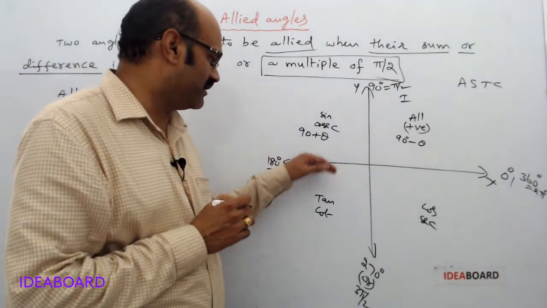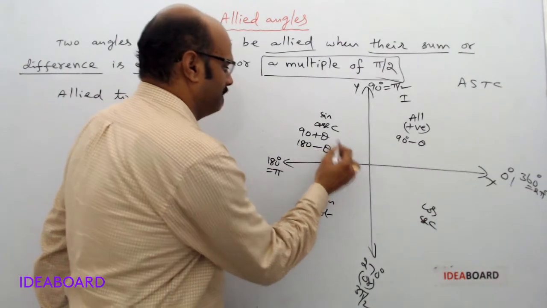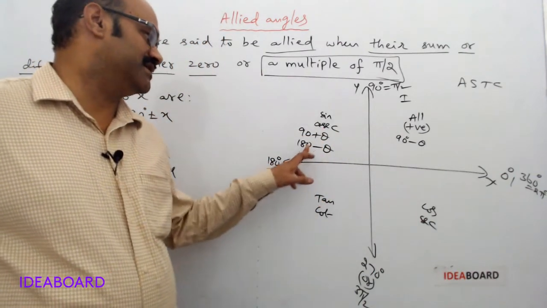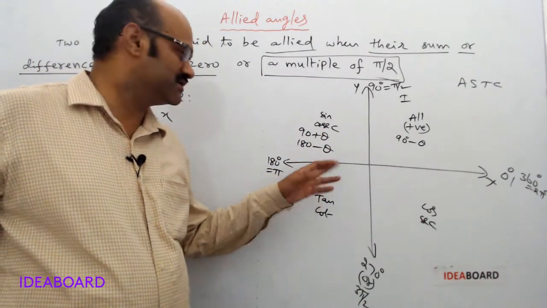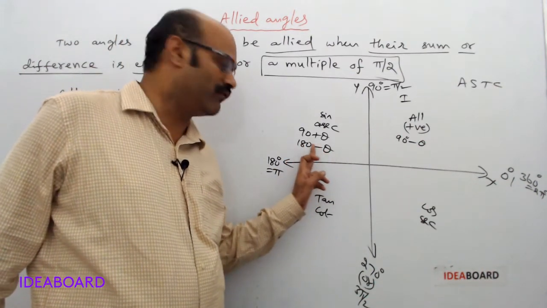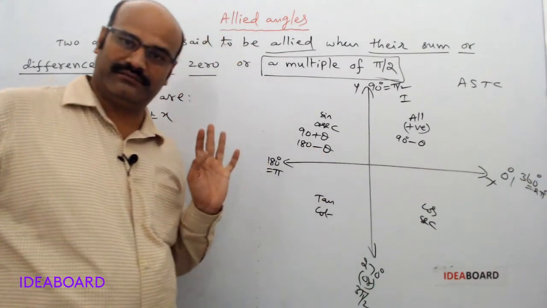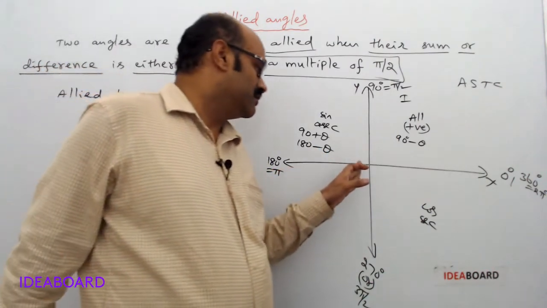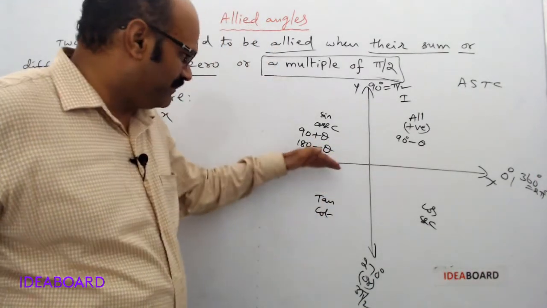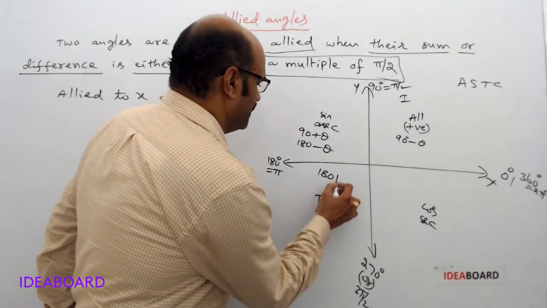And 180 minus theta lies in the second quadrant only, because if you take theta equal to 30 degrees, 180 minus 30 equals 150, and 150 degrees lies in the second quadrant. Now 180 plus theta lies in the third quadrant.